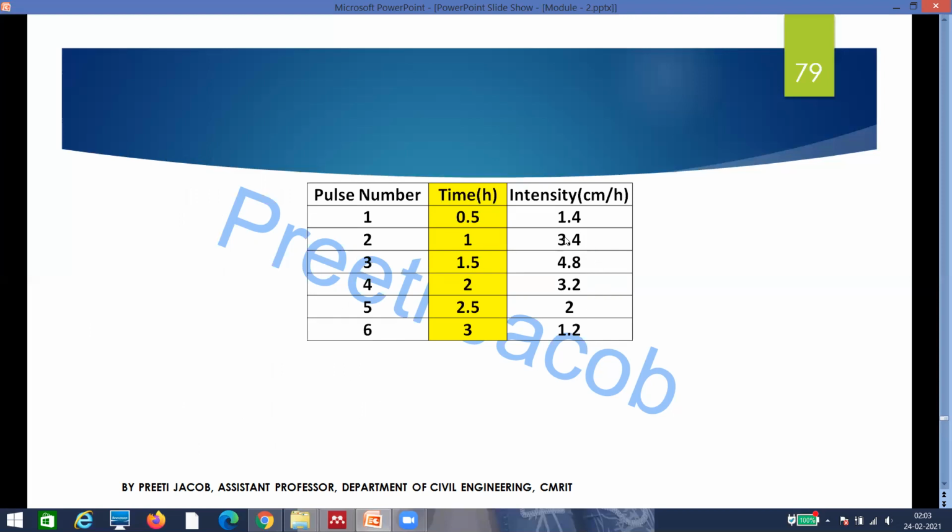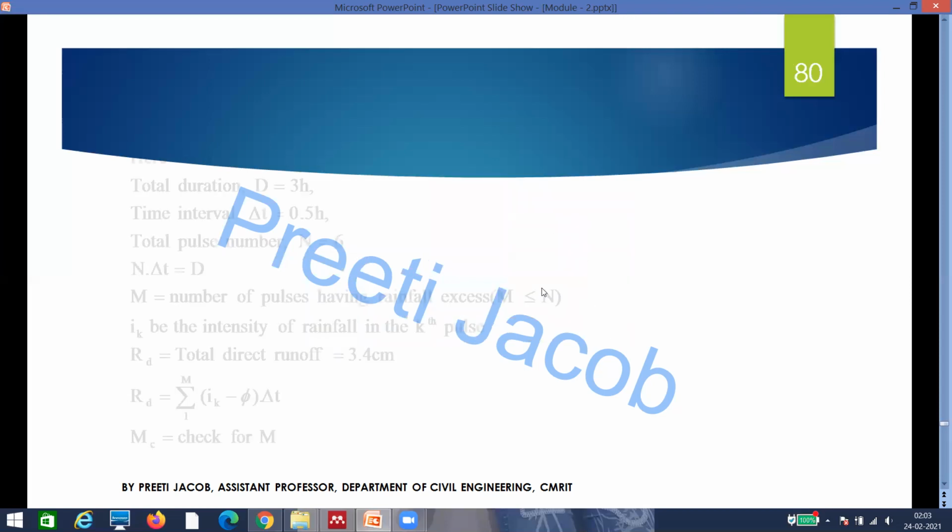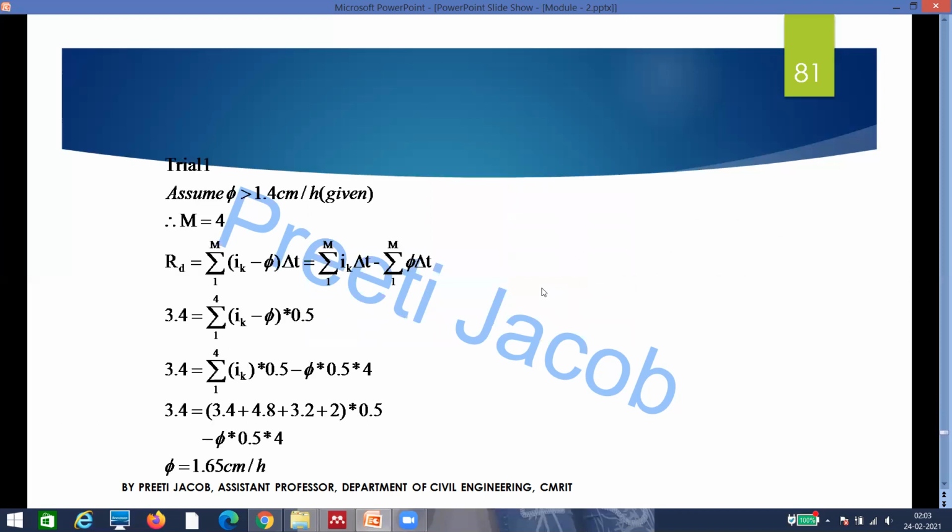Even m will be 4 because all these are greater than 1.65. So my phi index is equal to 1.65. Okay, and then I'll be calculating my duration of rainfall excess, that is m into delta t is equal to 4 into 0.5 is equal to 2 hours.